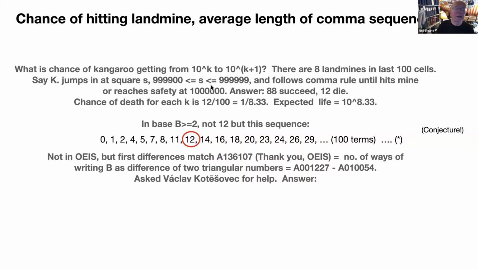And so the chance of death for each century is 12 over 100, 1 over 8.33. So the expected number of tries before we actually hit a landmine is 8.33, which will put us into the interval around 10 to the 8.33. So we can say the average life of a base 10 kangaroo is 10 to the 8.33.